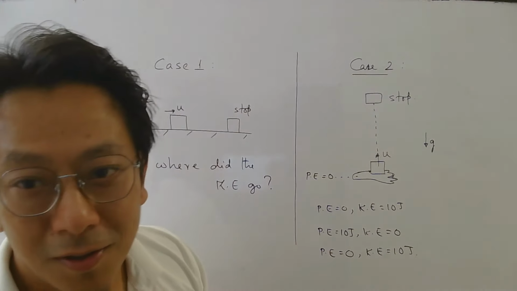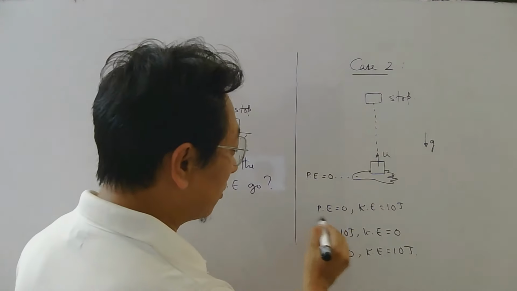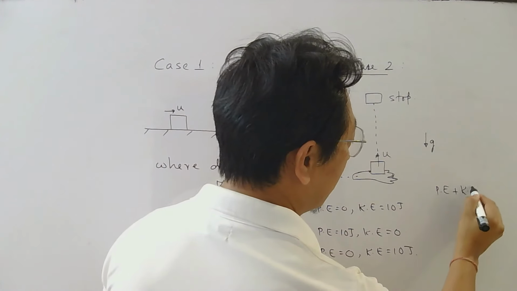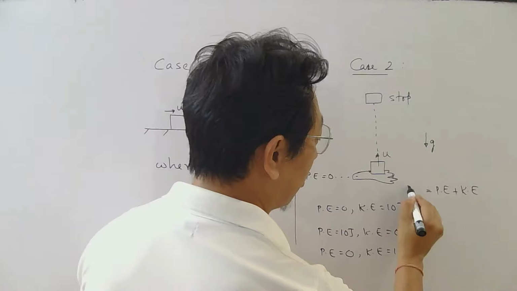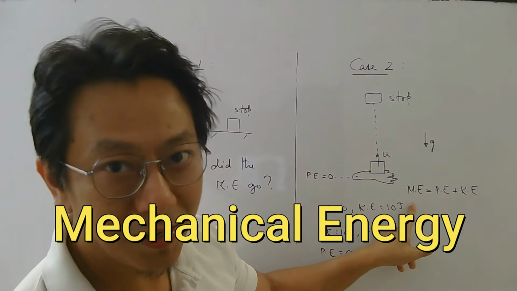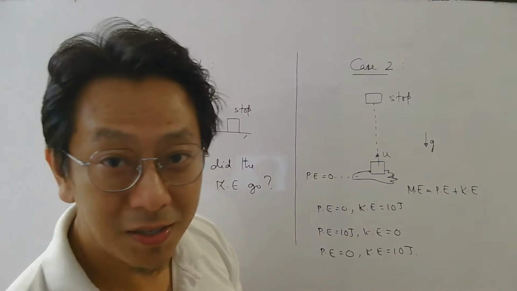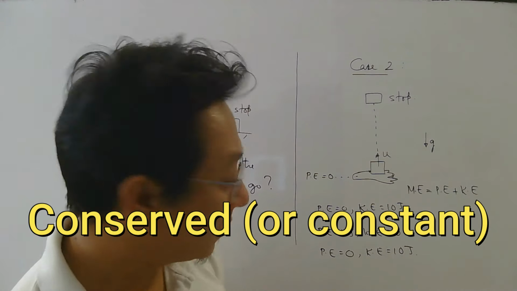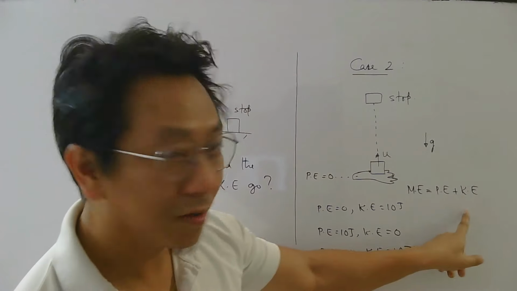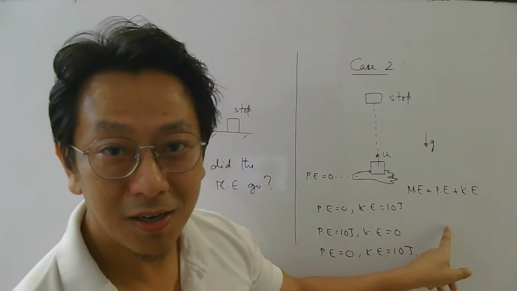If you notice, the sum of potential energy and kinetic energy, which is called in physics mechanical energy, that energy remains conserved, right? 0 plus 10, 10, 10 plus 0, 10, 0 plus 10, 10.